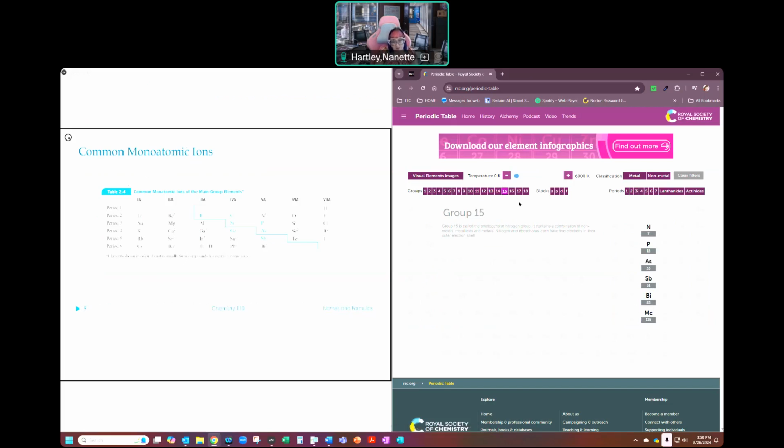When we get to our next group over, our chalcogens, these I would expect you to be able to predict as a 2 minus. And then our halogens, these I would expect you to be able to predict as having a -1 charge. Now, you can see that hydrogen is included here as being able to pick up an electron. It can, and he can appear in this part of the table when we're considering him for that.